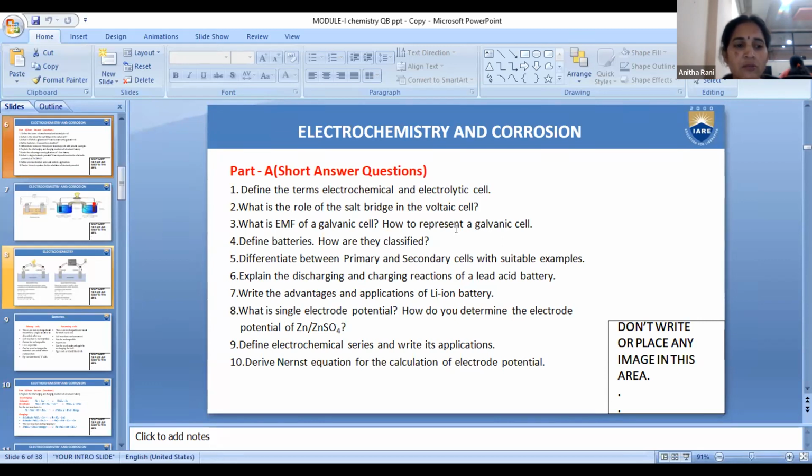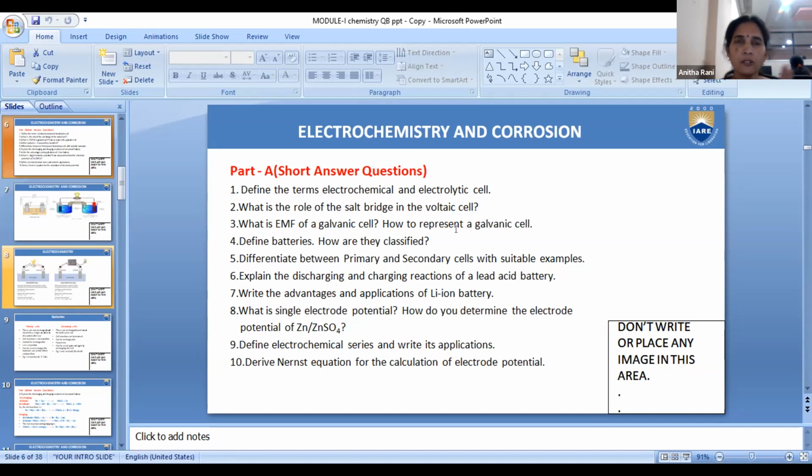Anode, which side will you write? Left. Cathode, right. What have we taken as the anode? A zinc electrode in zinc sulfate. First you write the electrode, zinc, then the electrolyte. On the right side, the cathode, first the electrolyte, copper sulfate, then the electrode, copper.